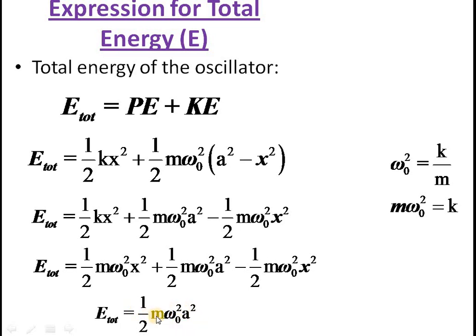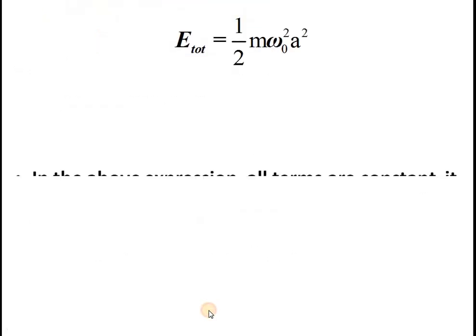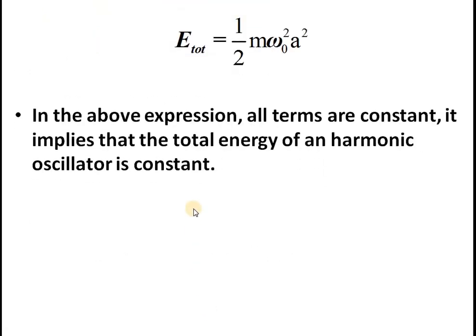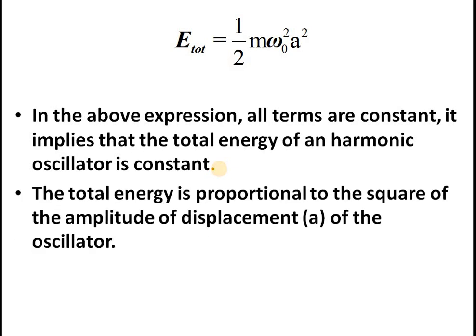Here you can see mass is a constant, omega 0 is a constant, and the amplitude of oscillation is also a constant. So that means that the total energy of the oscillator is a constant, even though potential energy and kinetic energy vary with respect to time. No doubt they vary; every instant it is different. But when you add up both energies, the total energy of the oscillator becomes a constant.